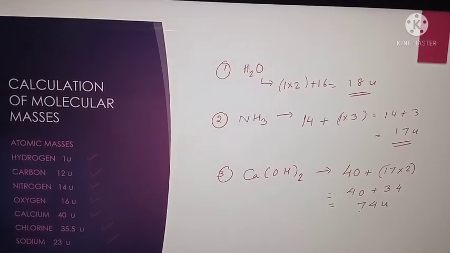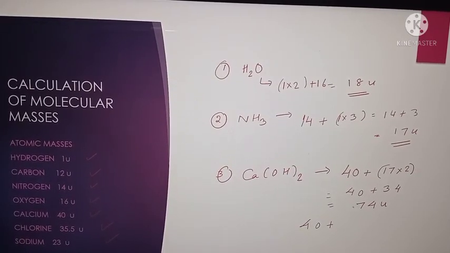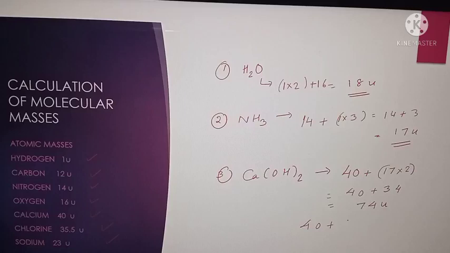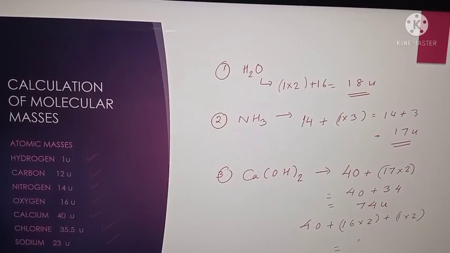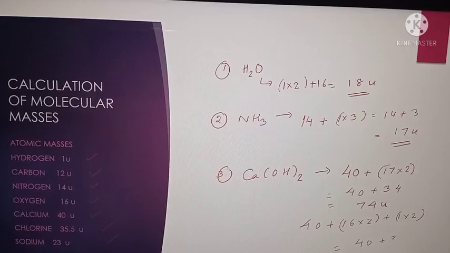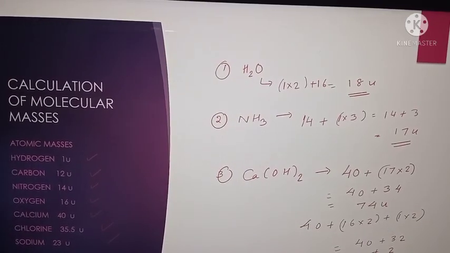You can also do it like this: 40 plus 16 into 2, then plus 1 into 2. Then also you'll get the same value. That is 40 plus 32 plus 2, so it is equal to 74U. Okay, so this is calculation of molecular masses.